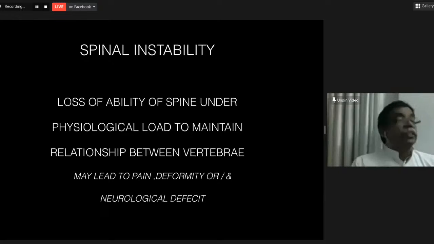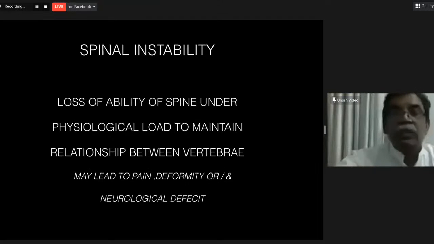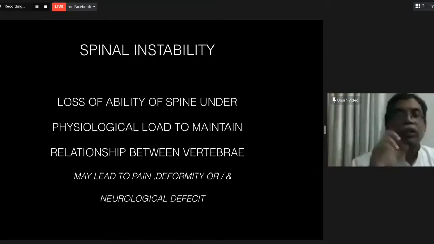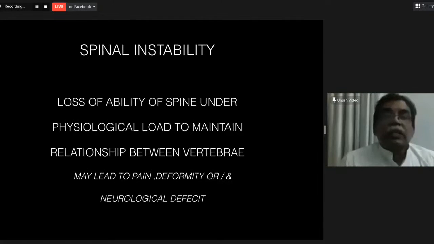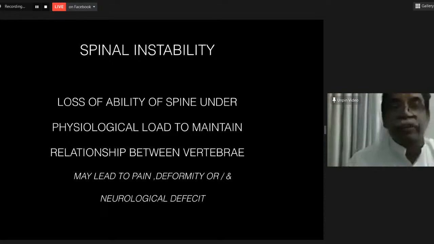But if this is lost, if the ability of the spine to work under physiological load and to move in the functional spinal unit is compromised, then degeneration starts occurring. It leads to pain.